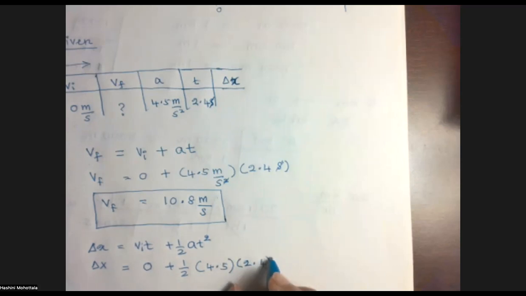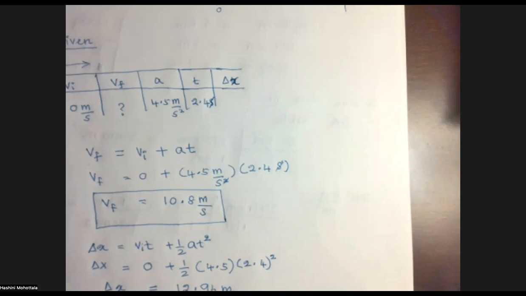Don't forget to square that. So in this case, I did not really include the units. Since everything is in SI units, I know that I am going to end up with a unit in meters for this one. So I'm going to pause the video and get my calculator and get the value again. So I got 12.96 as the answer. So it is 12.96 in meters.